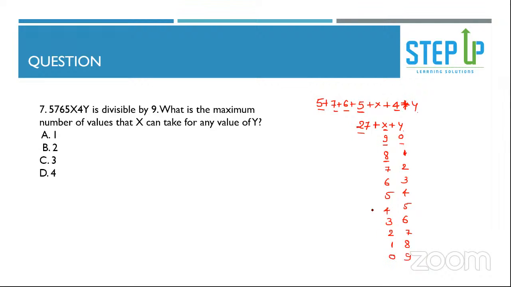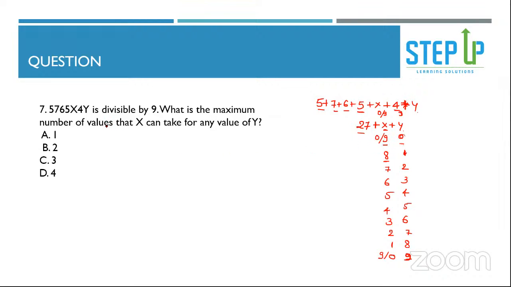Right? Now, if it is 9, it can also be 9, because if you're taking 9 here or 0 here, the number will be divisible. If you're taking 0, then this can be 9 or this can be 0.